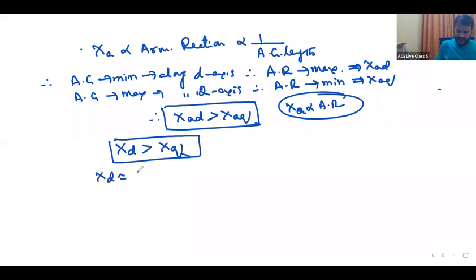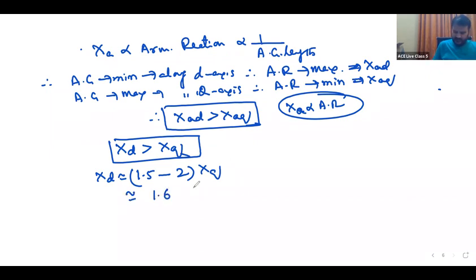Generally XD is 1.5 to 2 times XQ. But in most cases, 1.6 times XQ is more common.